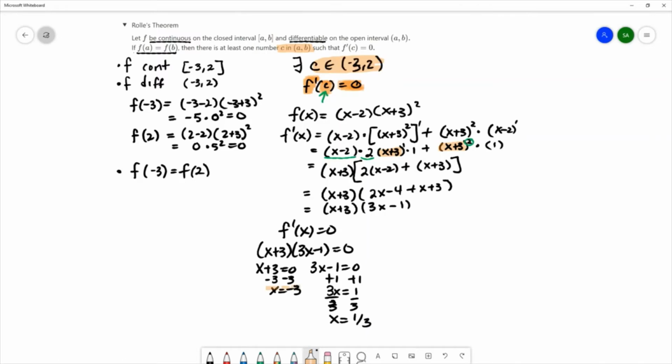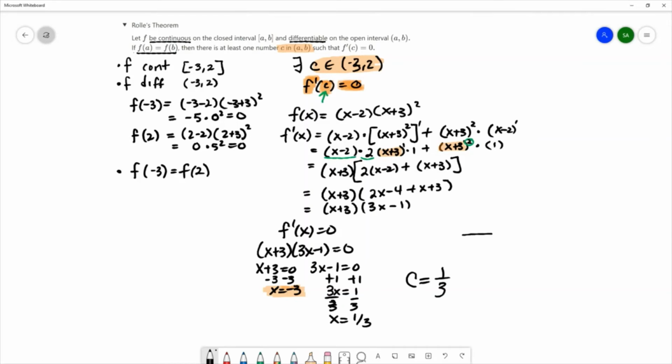And since x equals -3 is not on the interior of the interval, we don't count that as the value of c. We're only going to count the value of c to be 1/3, which is on the interior of the interval.